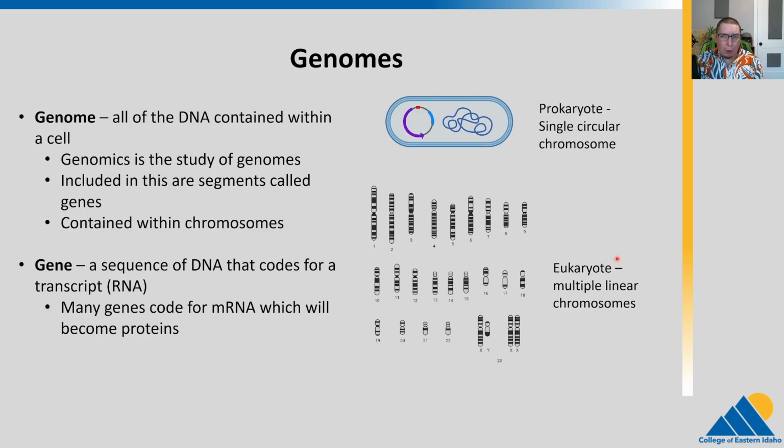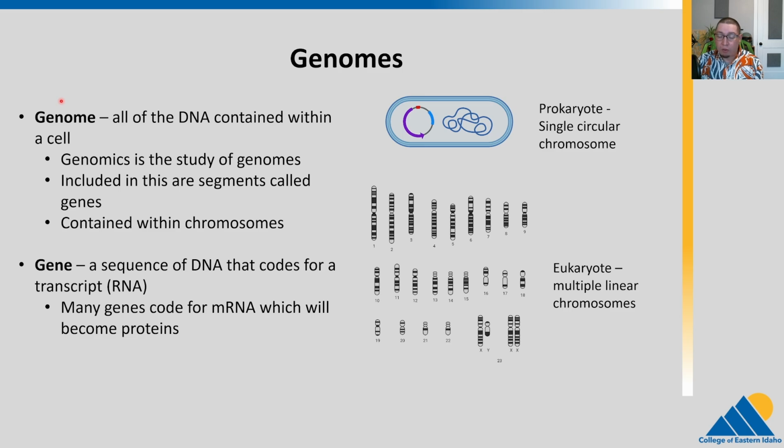So let's do a couple of critical definitions here, because you probably have heard these words, but you might not have a specific definition, and we need to know those specific definitions for this course. We have two terms, genome and gene. So, the genome. You've probably heard of the Human Genome Project.